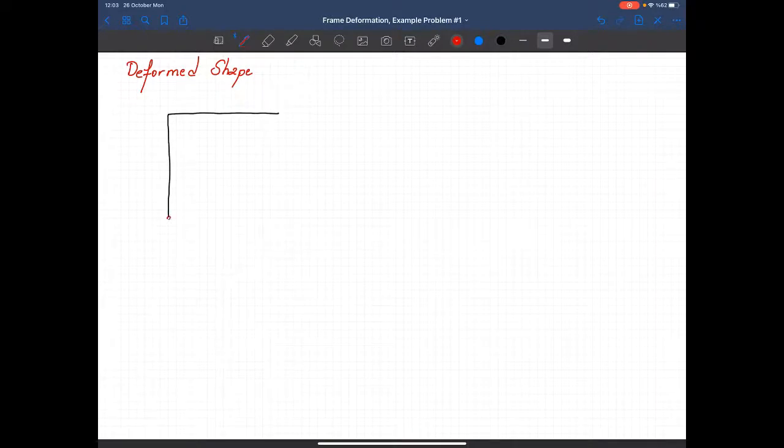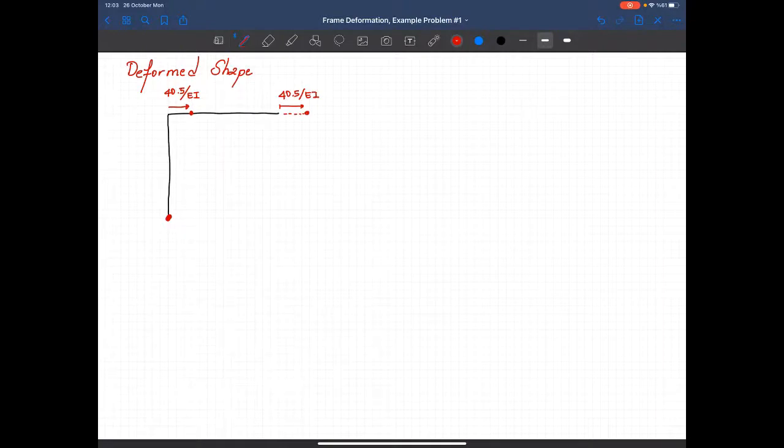So here I know that there is no translation, no deformation. At the top, this point moves here. The magnitude of that translation is 40.5 divided by EI. This point moves the same amount. This translation is 40.5 divided by EI, okay?